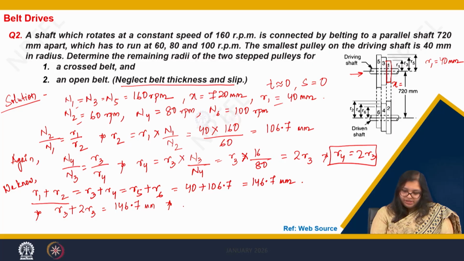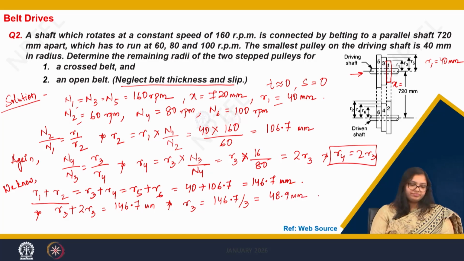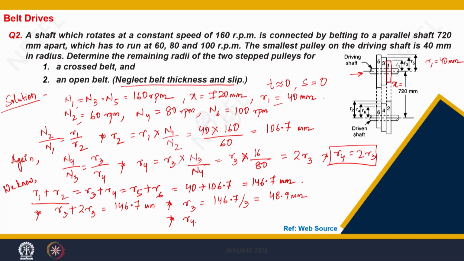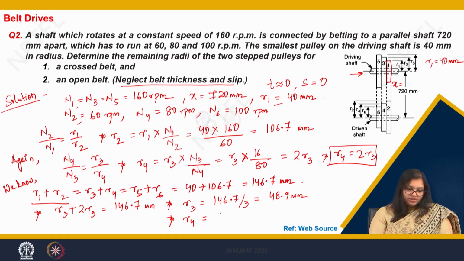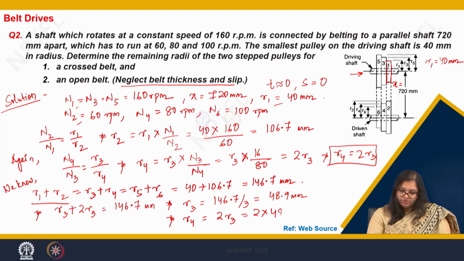So this gives me R3 is equal to 146.7 divided by 3, which is equal to 48.9 mm, right. So here I can determine R4 is equal to 2 times R3, which is equal to 2 multiplied with 48.9, which is 97.8 mm.